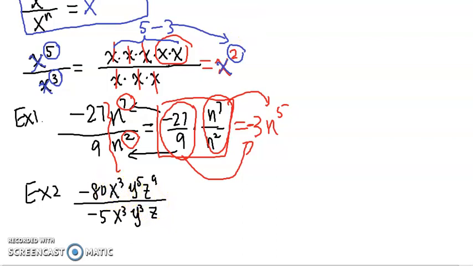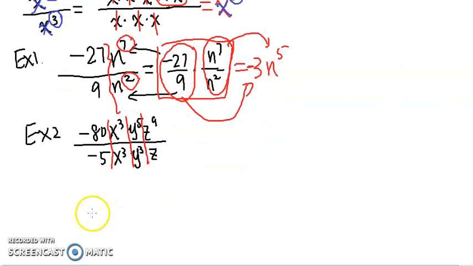So again, we're going to split this problem into 4 division questions, just like multiplying 4 fractions. But when we do this, you can skip that step.